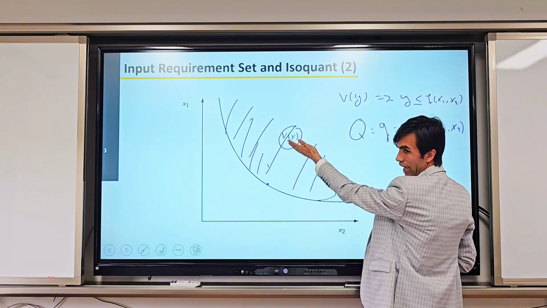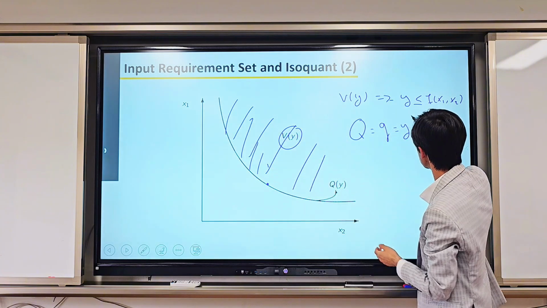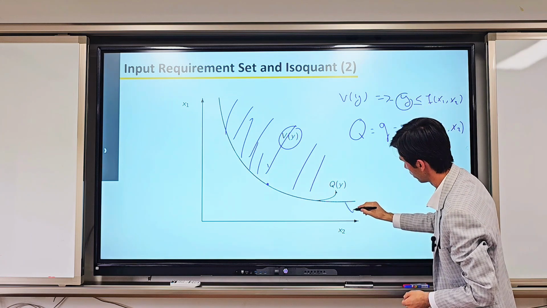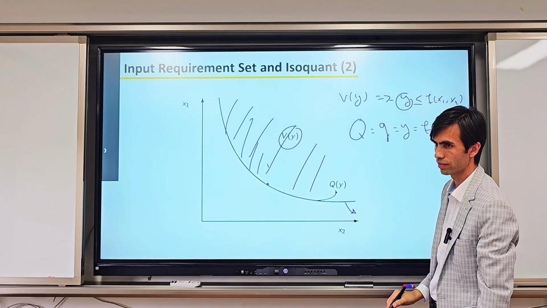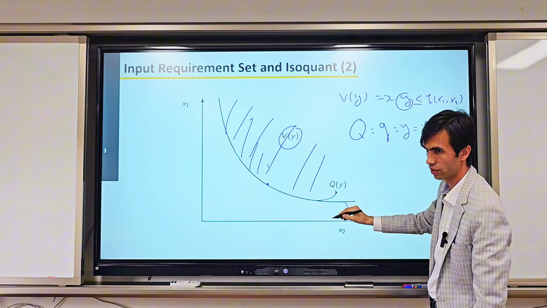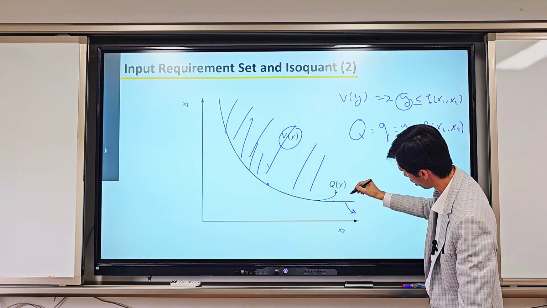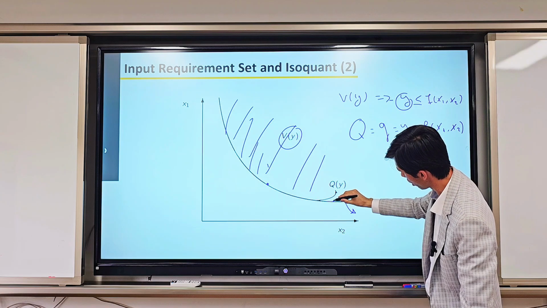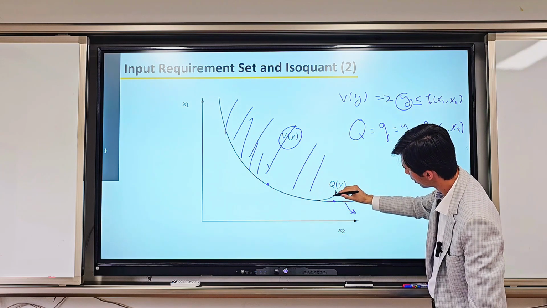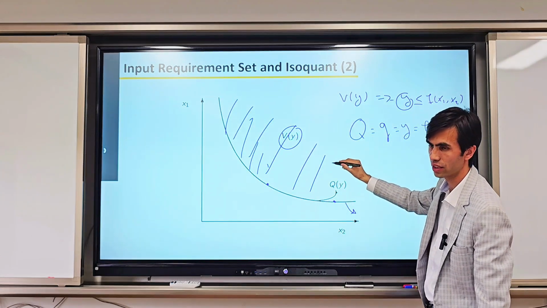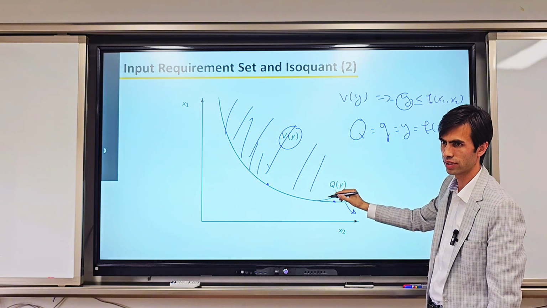All the x1 and x2 that you have here are greater than this y. And also equal to. So it means it starts from this line, which is the isoquant, and above it all the elements that we have here are in the input requirement set.